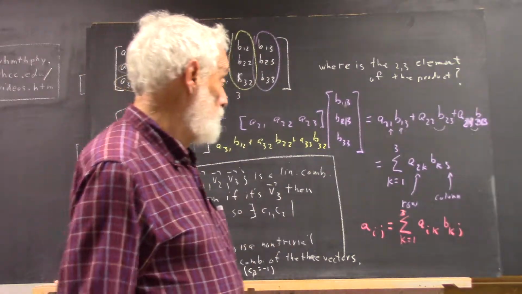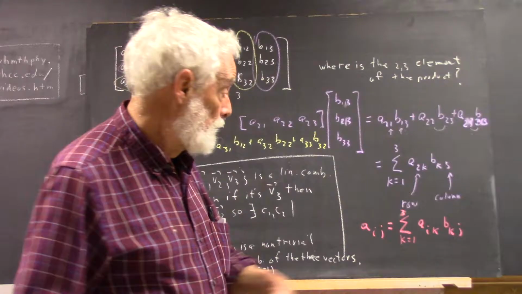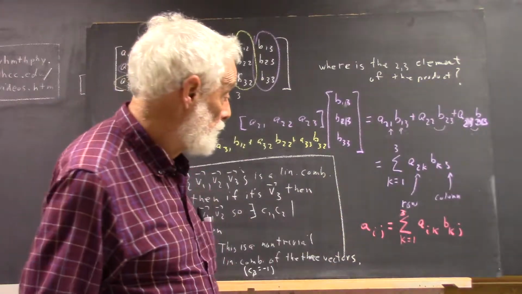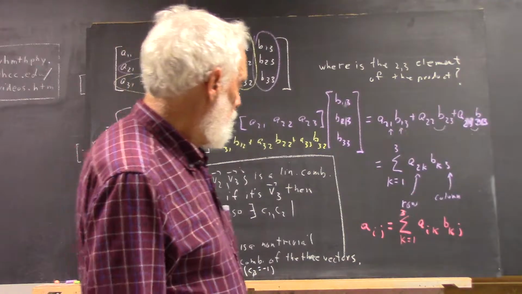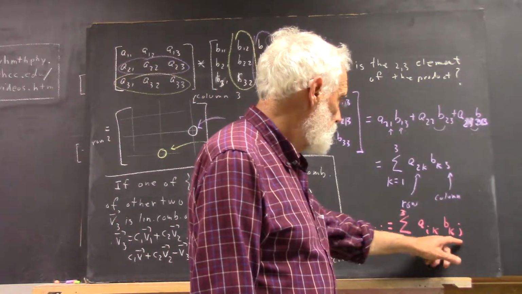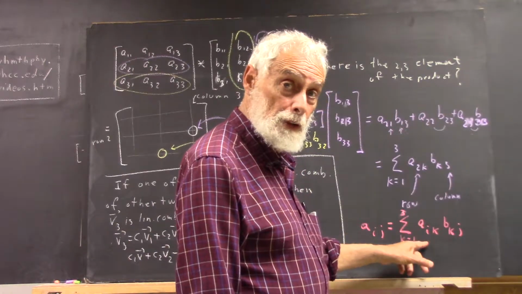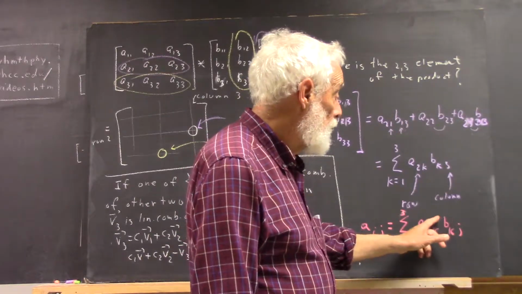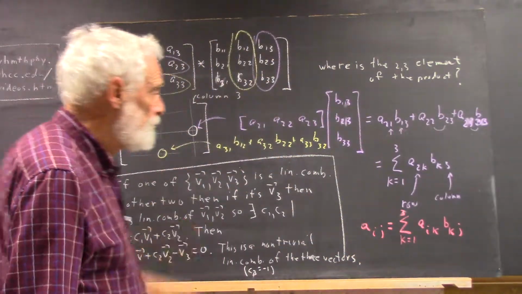So in general, if I want the ij element of a product matrix of two 3 by 3 matrices, I do this sum here. i is the row, so that's going to be the first subscript on A. j is the column, that'll be the second subscript on B because that's the way it comes out.